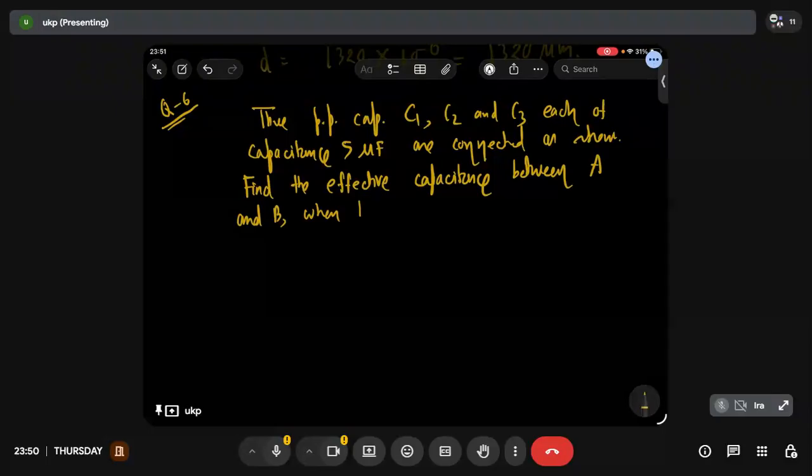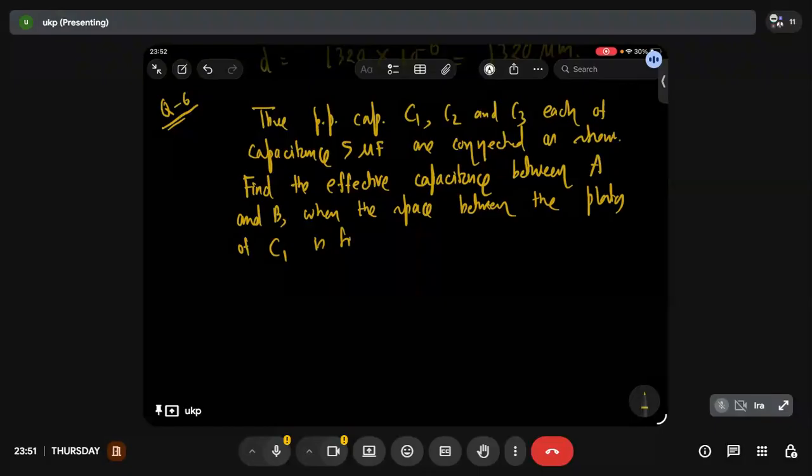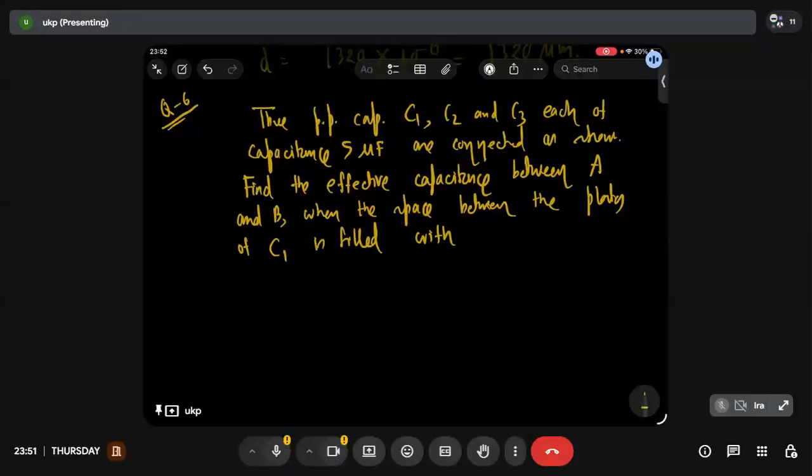when the space between the plates of C1 is filled with a medium of dielectric constant 4.